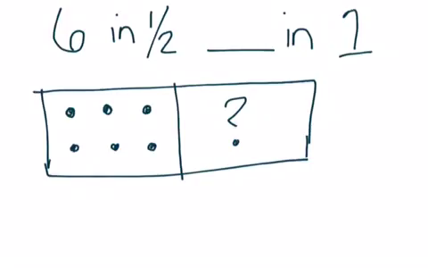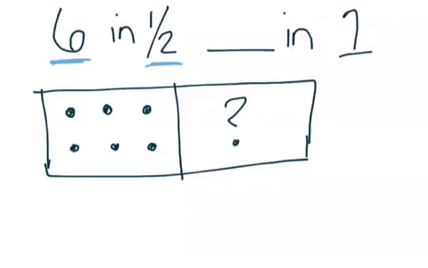So you're going to be given a problem that looks something like this. And it's going to tell you that there are a certain amount of items in a fraction of the product. And then you have to determine how many objects would be in the whole container. So for example, if we're talking about cookies, let's use cookies as an example because who doesn't love cookies?